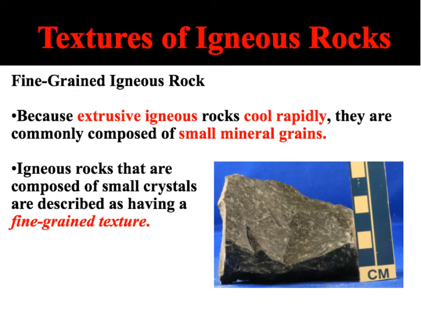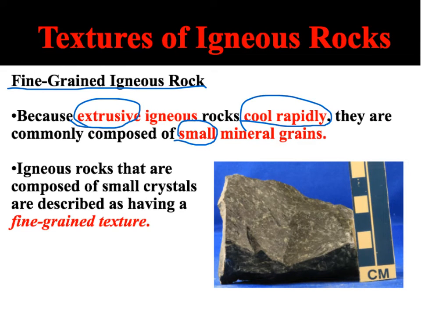The other type are the fine-grained igneous rocks, and these are our extrusive rocks that cool rapidly or fast, and they have small grains. All right, so small grains cool quickly outside the Earth, and usually it's because the magma becomes lava because it hits the surface of the Earth.